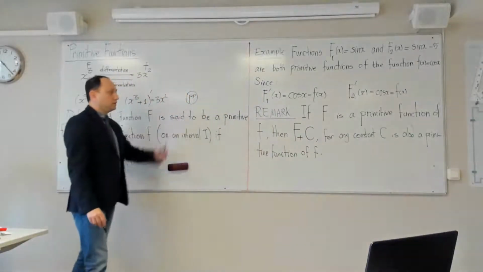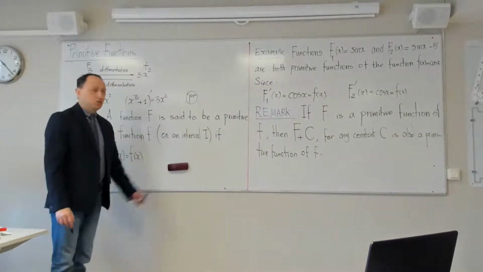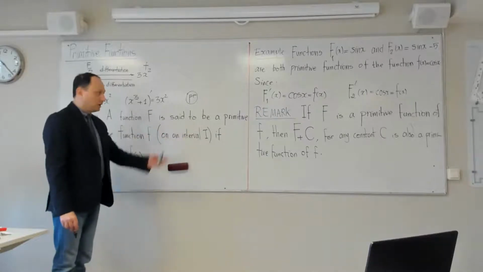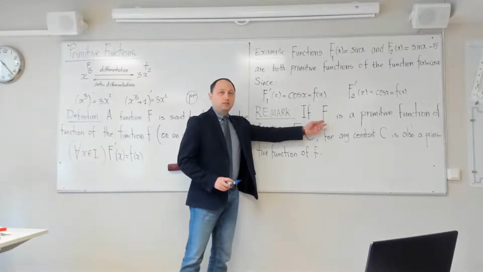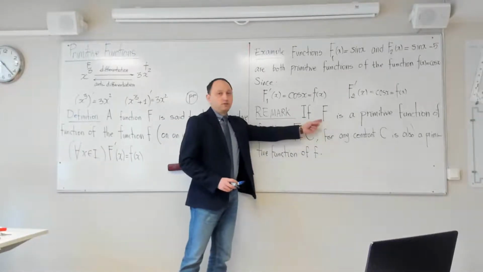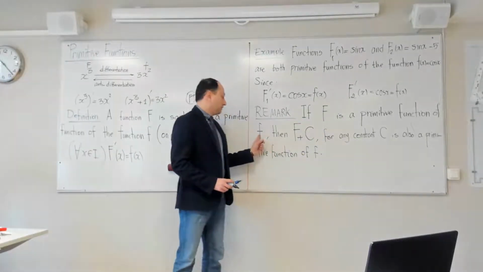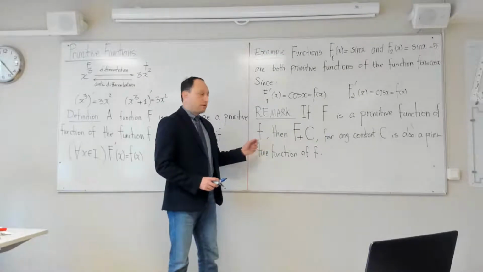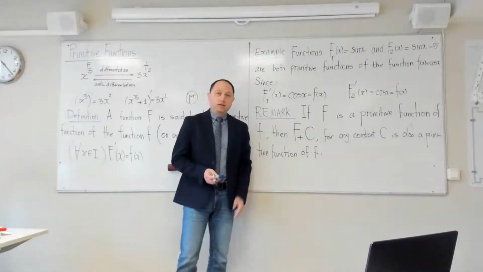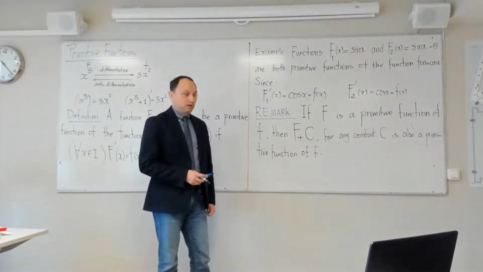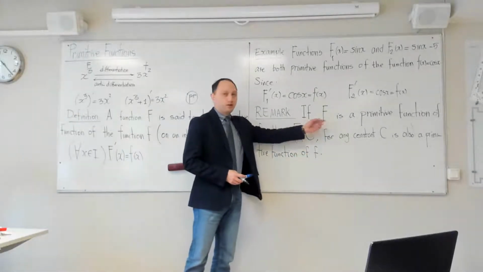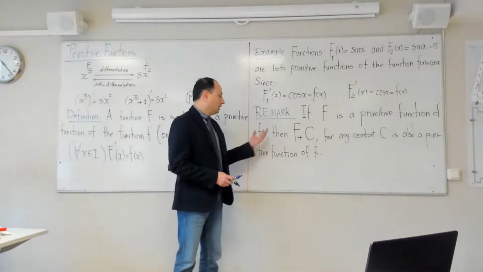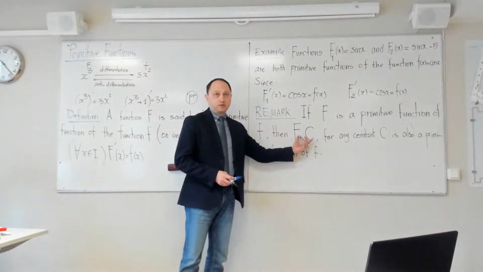This is something at the level of your lesson, you can confirm that. Let us do that, of course, together. What I am claiming is that if I give you a primitive function for this function little f, then suddenly you have infinitely many of them available. You just need to add any constant that you like to the primitive function that I gave you, and then you will still have a primitive function.